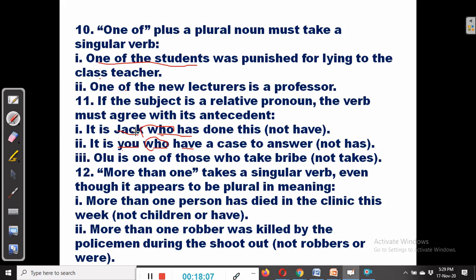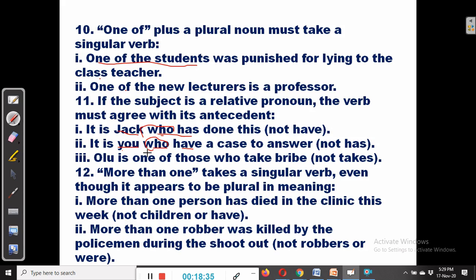If we join the first one, Jack has done this. Of course, the intervention of the relative pronoun should not in any way compel the verb to differ. The verb must agree with the direct antecedent of the relative pronoun. It is you who have a case to answer. It is Jack who has done this.